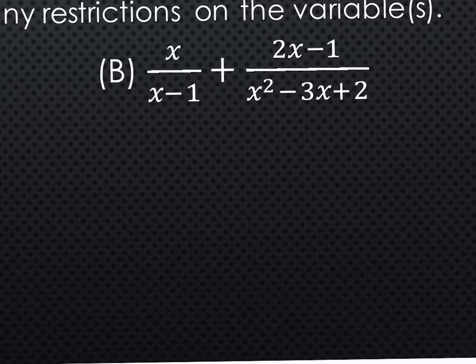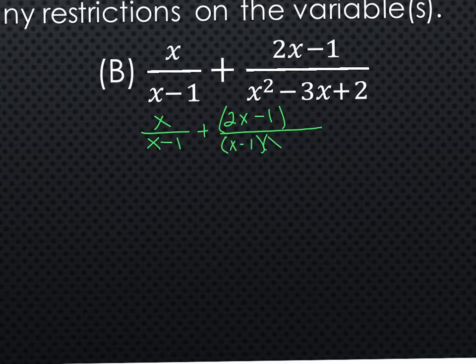factor those denominators. And for x squared minus 3x plus 2, factors of 2 that add to give you negative 3 are x minus 1 and x minus 2. The next step is to identify what the common denominator is.